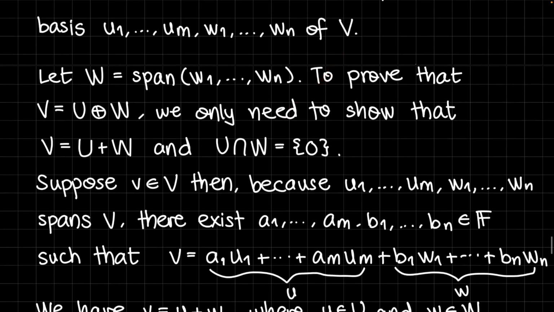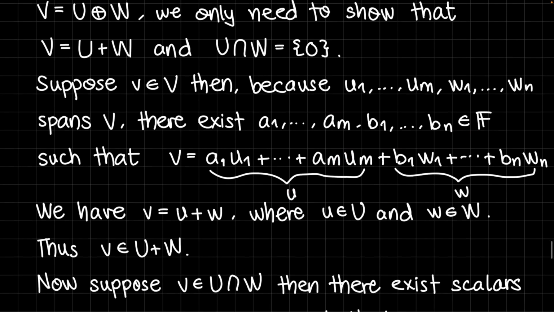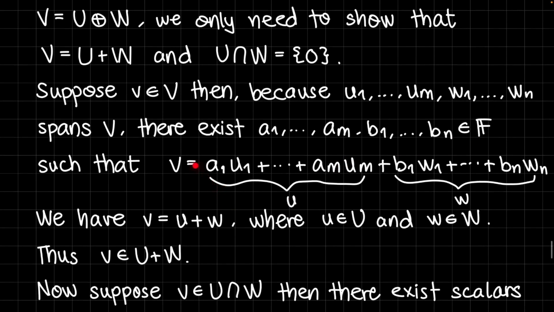Because it's a basis of V. There exist a1 through am, b1 through bn scalars such that v can be expressed as a linear combination using those scalars. So v equals a1 u1 plus dot dot dot am um plus b1 w1 plus dot dot dot bn wn. So the linear combination of the u's, call that small u. The linear combination of all the w's, call that small w.